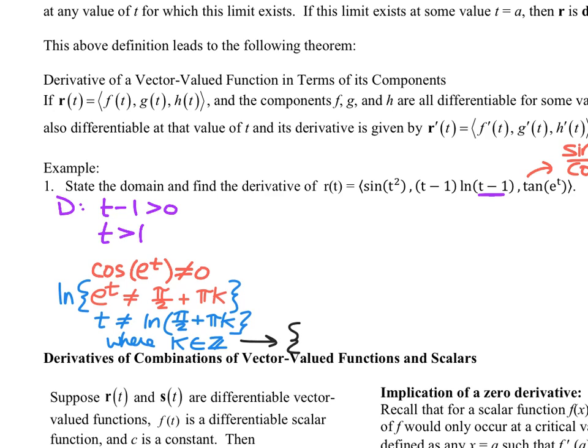Squiggly brackets, I would be stating that my variable is t such that t is greater than 1 and t cannot be equal to the natural log of all that.